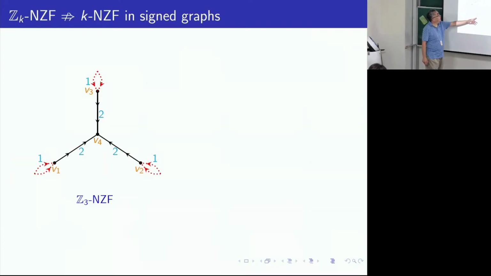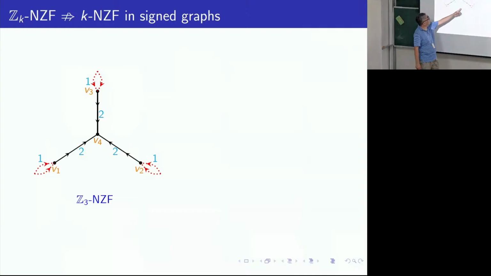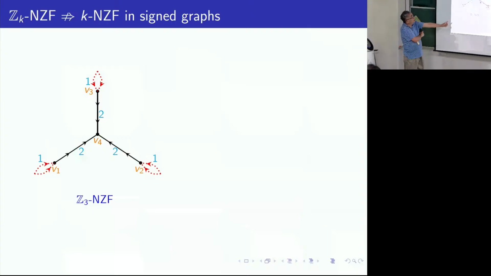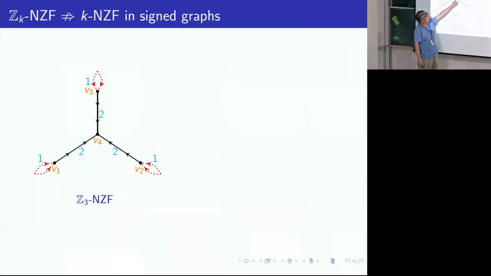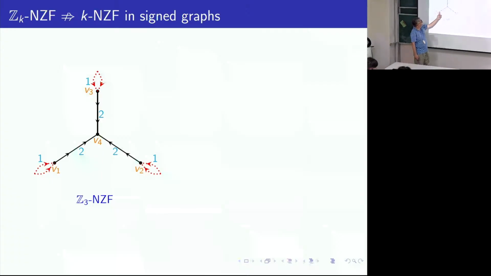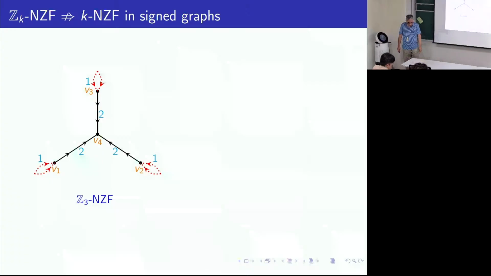But we still can use the modular flow or the Zk-flows to study integer flows. So here you can see that we have 3 negative loops. They're called negative loops. So this graph has a nowhere-zero Z3-flow. You can see that at this vertex, all 3 edges are in, so the total inflow is 6, which is 0 in Z3. So those are balanced. So there's a nowhere-zero Z3-flow.